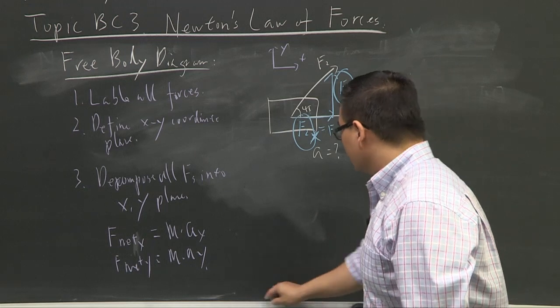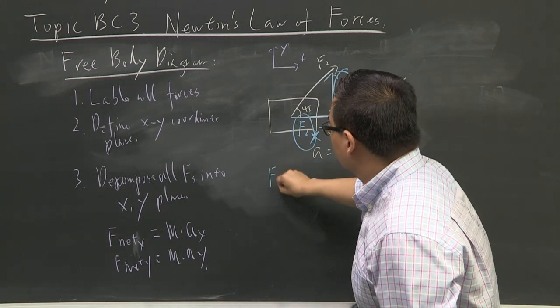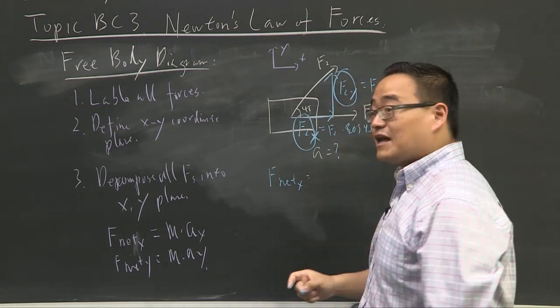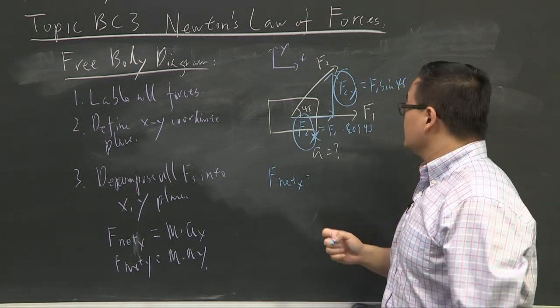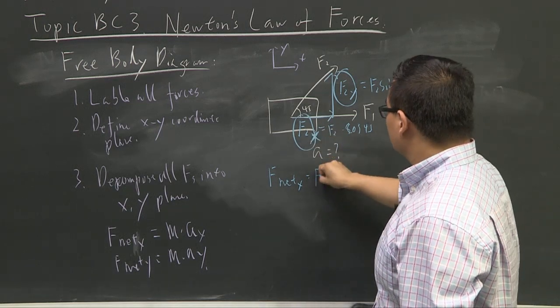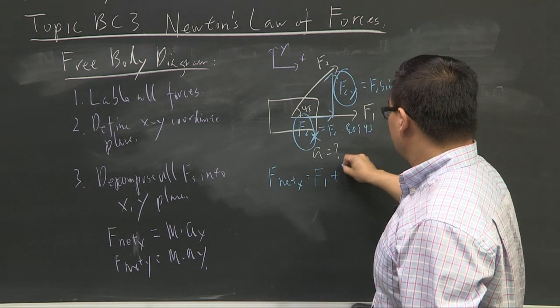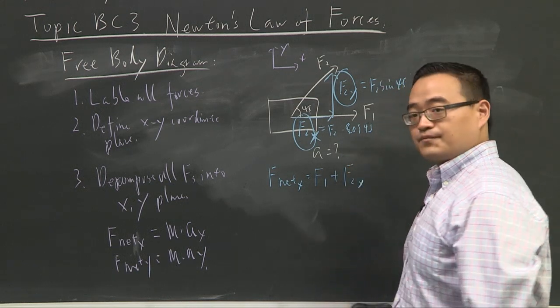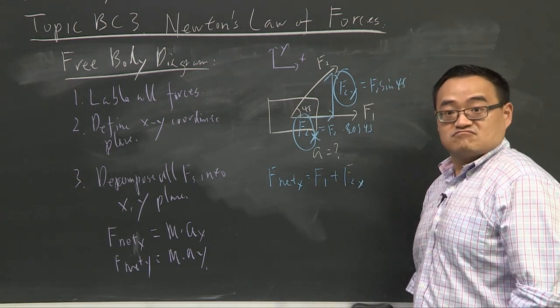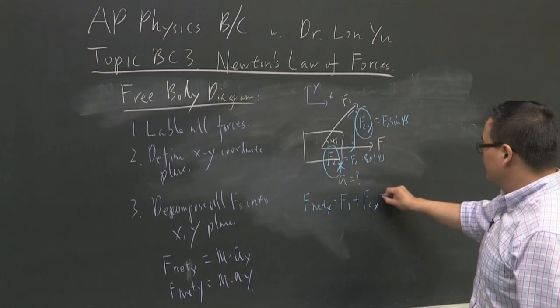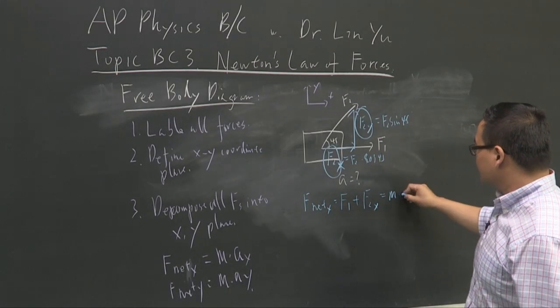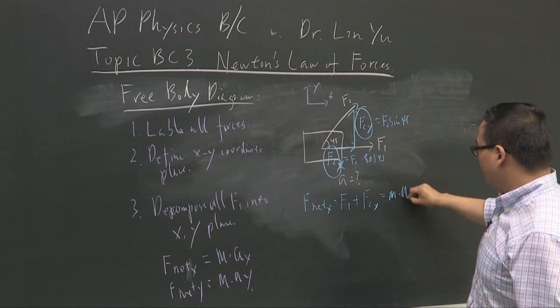What does that mean here? Well, F net of x means I'm adding up all the forces in the x direction. What I have here is F1, and I also have F2x. In this case that is the mass of the box times ax.